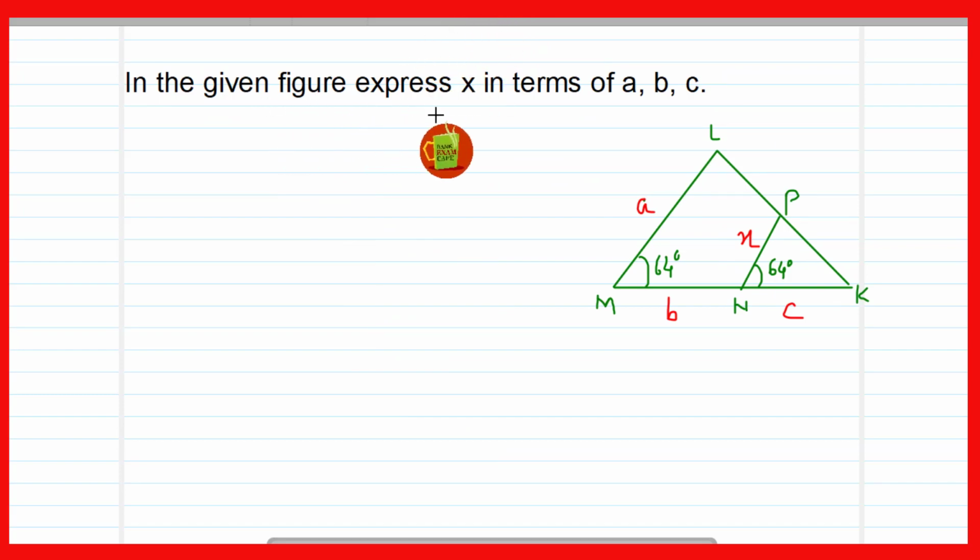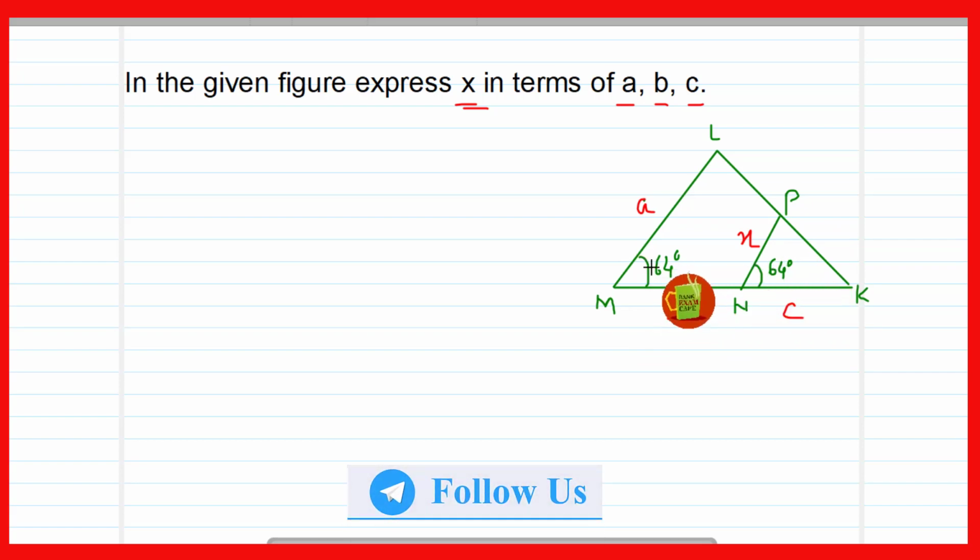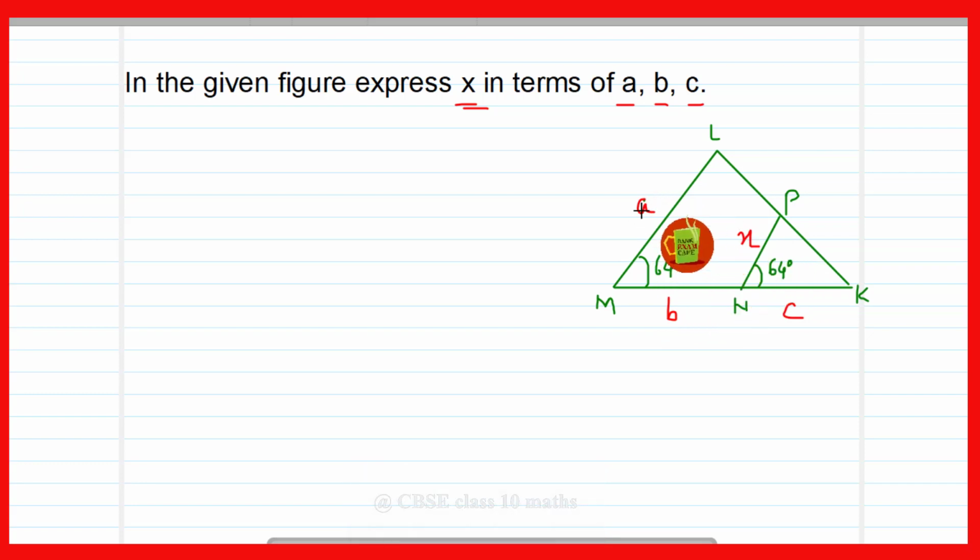Here is another question: in the given figure, express x in terms of A, B and C. Here it is given that LMK is a triangle and PN is joining the two line segments KL and KM at P and N. This angle is given as 64 degrees and this angle is also 64 degrees, and you have to express x in terms of A, B and C. So first we will take the triangle KPN and the triangle KLM and show these two triangles to be similar.